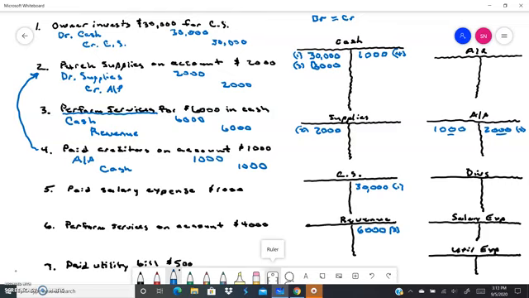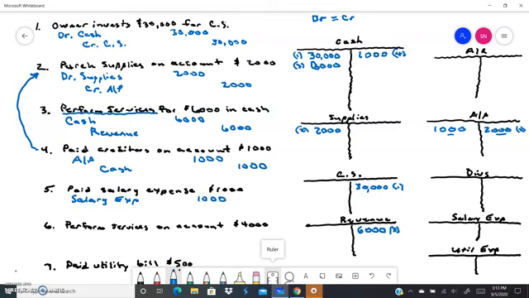Okay. All right. So number 5, we paid salary expense, 1,000. Salary expense, obviously that's one of the accounts that's affected. Expenses always reduce shareholders' equity. A reduction of shareholders' equity is a debit. So expenses are always going to be a debit. So debit salaries expense for 1,000.